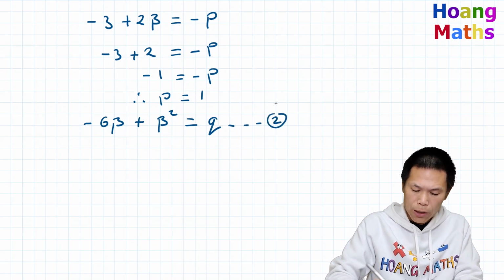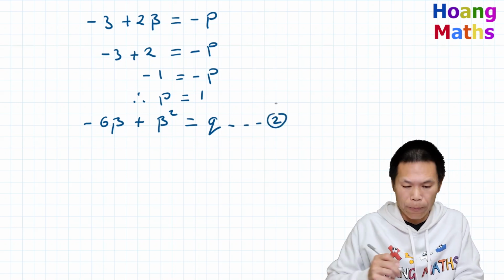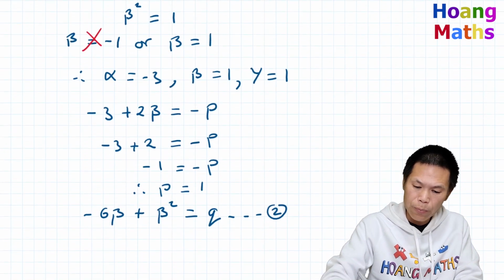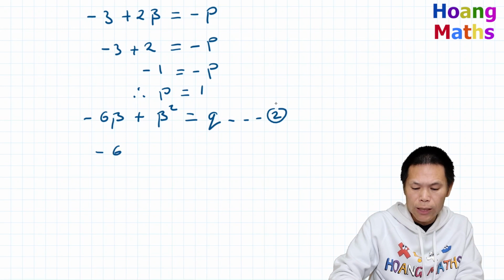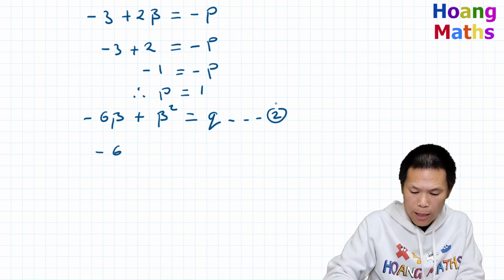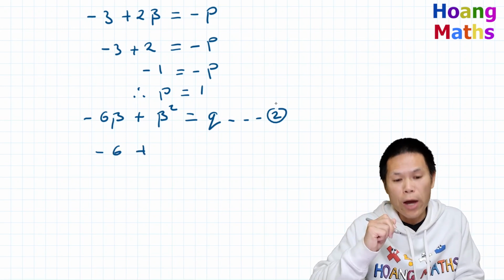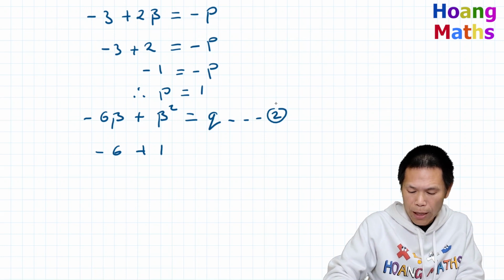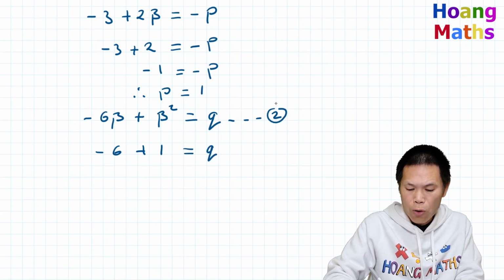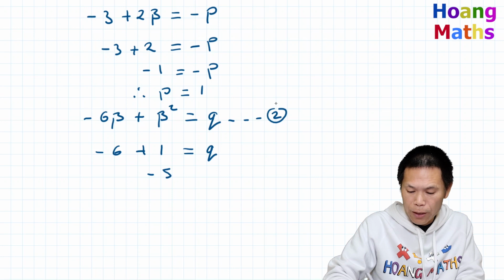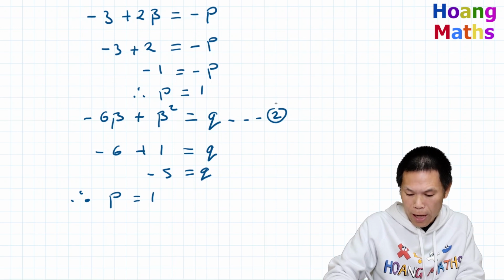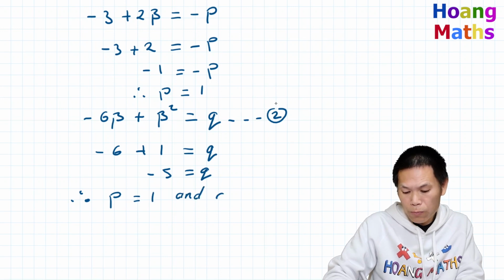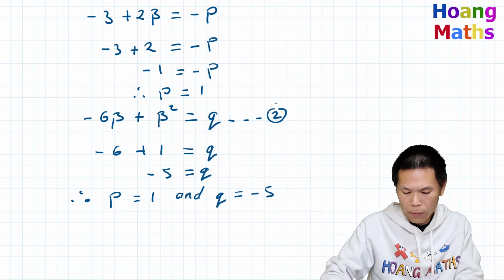We know that beta is equal to 1, so negative 6 times 1 gives me negative 6, and we add 1 squared, which gives me 1, equal to q. That gives me negative 5 is equal to q. Therefore, p is equal to 1 and q is equal to negative 5.